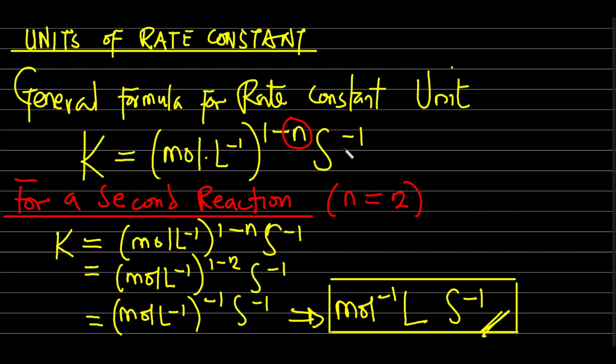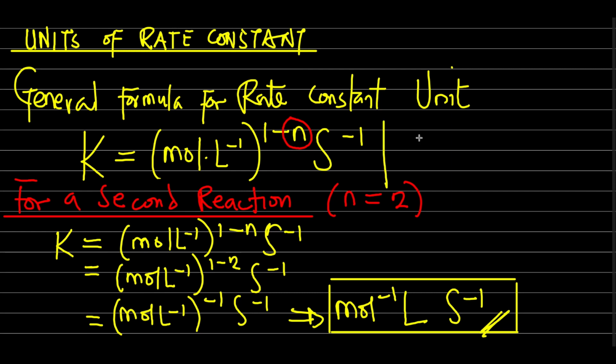So here we have a general formula that will help us to quickly remember the units of rate constant for various orders of reaction. This is K equals (mole per liter) to the power 1 minus n, per second. Please do not forget that this n here is the order of the reaction.